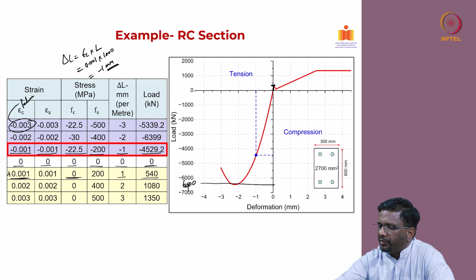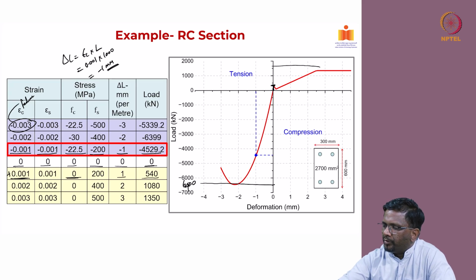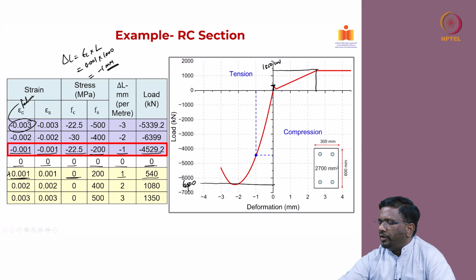And in tension you can see that you are getting about 1350 or so, right. So, it is about 1350 kilonewton, and the moment it reaches its yield strain, which corresponds to 2.5 millimeter. How did we get this 2.5?